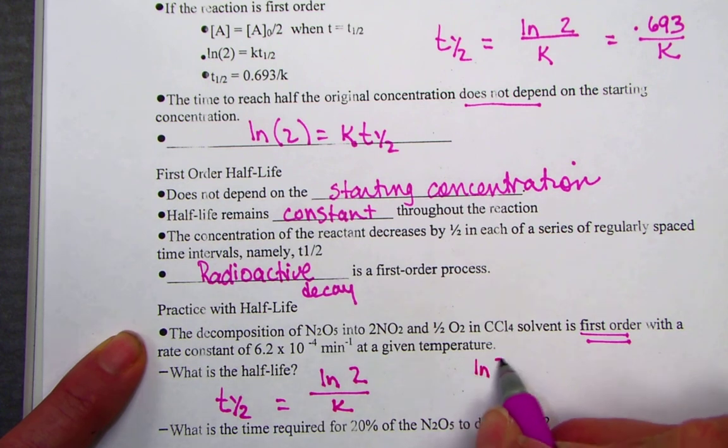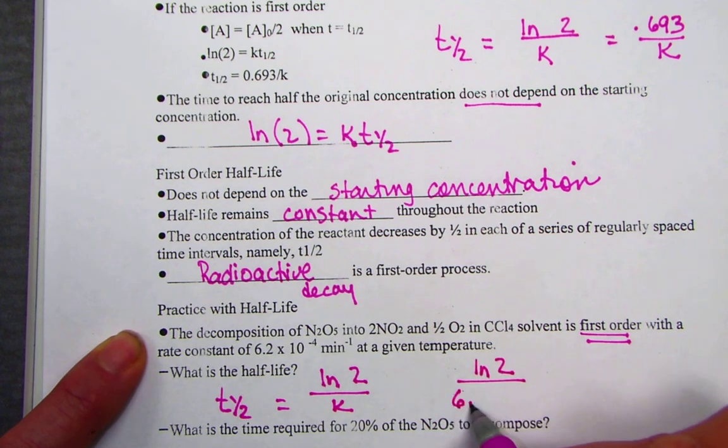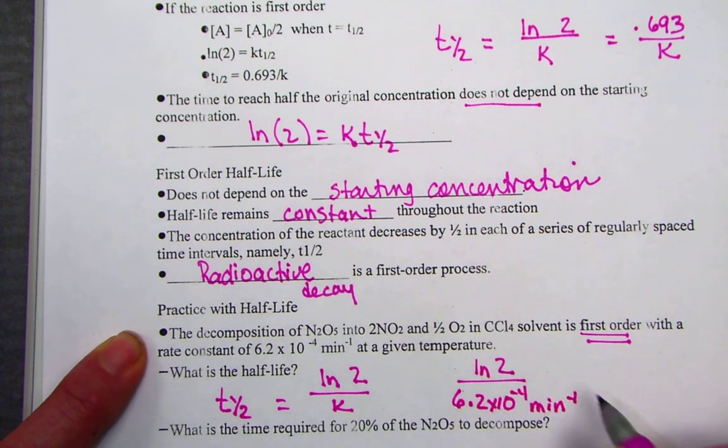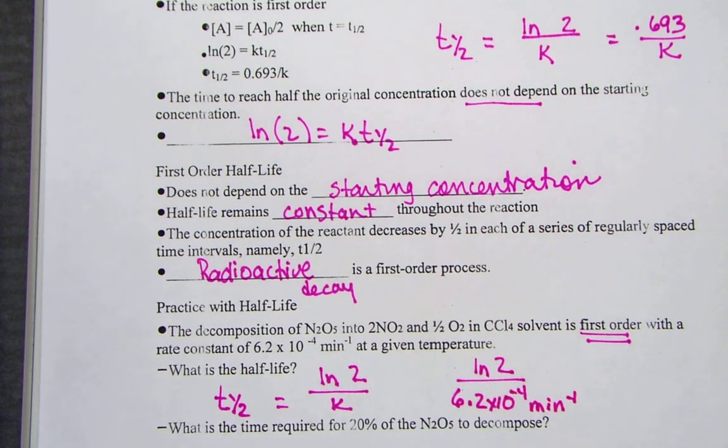So the natural log of 2 simply set over 6.2 times 10 to the negative 4th per minute. And if we hit that on our calculator, natural log of 2 divided by 6.2 e negative 4. My calculator is reading, and it's pausing for effect.